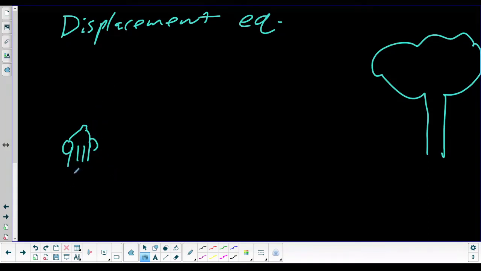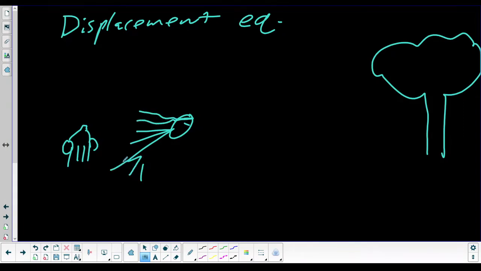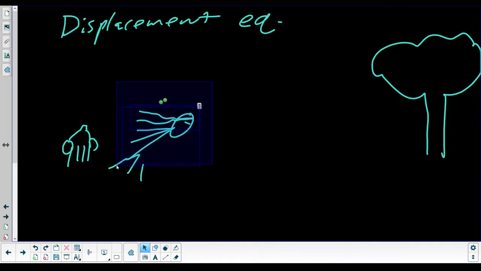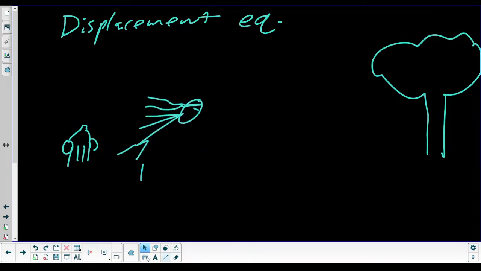And your friend is pretty lean, so he says he's going to give you a 3-meter head start. So here's you. You get a 3-meter head start.